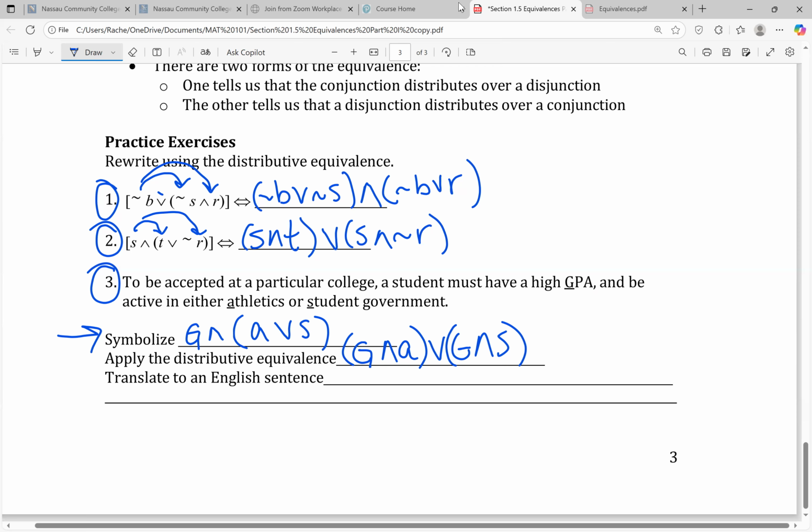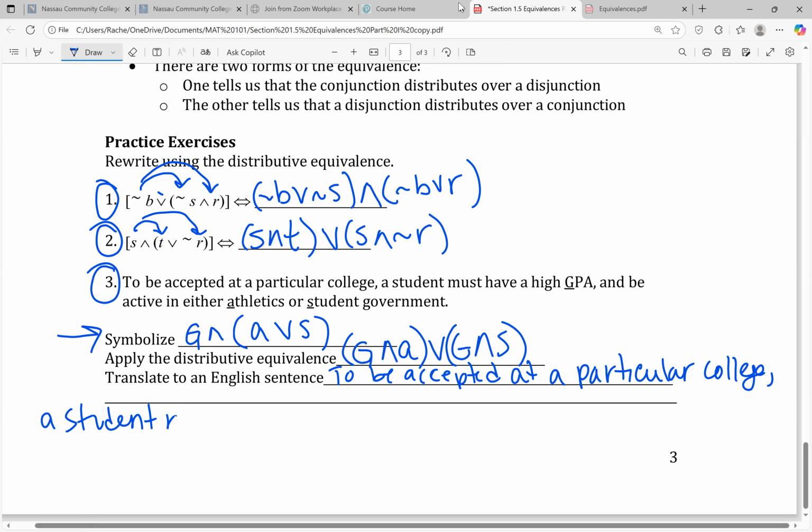So let's write that. To be accepted at a particular college, let's look at G and A, right?